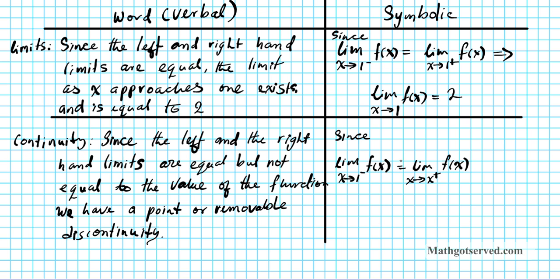But since these two limits are not equal to the value of the function at that point, f of 1, this implies that we have a point or removable discontinuity at x equals 1.